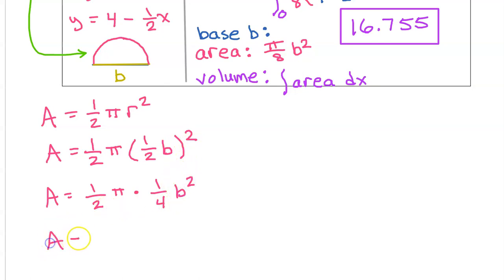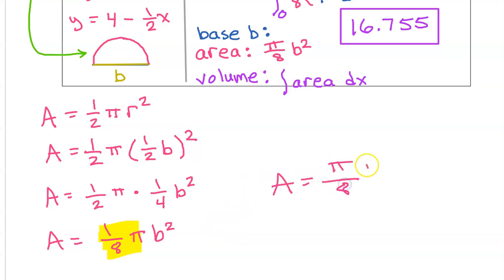Simplifying further, we have 1/2 times 1/4, which is 1/8. So that leaves 1/8 pi b squared. And 1/8 pi is the same thing as pi/8. So we have area is pi/8 b squared. And that's how I got this formula.